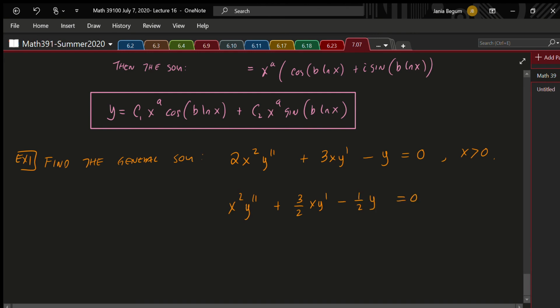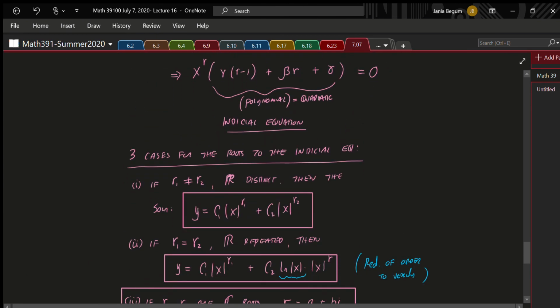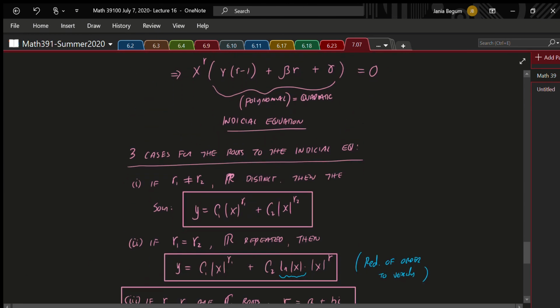From here, we're going to assume that the solution looks like y equals x to the r. You can take its first derivative, second derivative, and plug everything in, but we don't need to do all of that. We can just jump to this step right here, where we have the initial equation, and from there we can find the roots. Does that make sense?